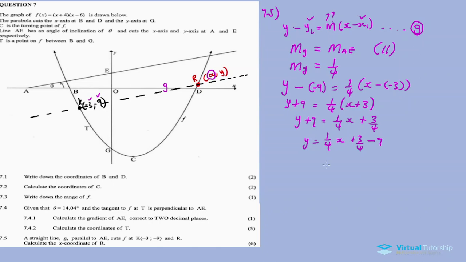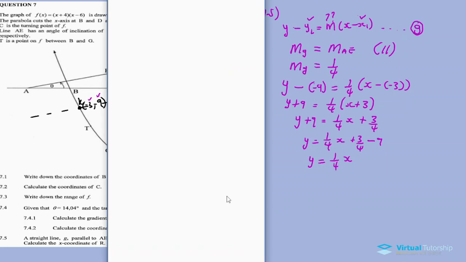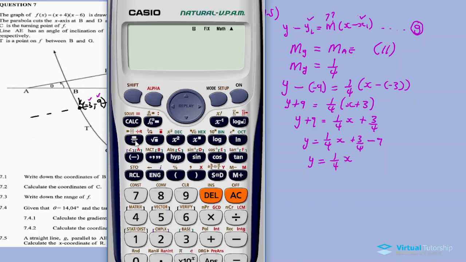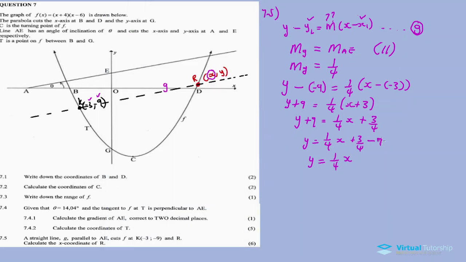So basically the algebra, we are getting into this algebra, right? 3/4 minus 9 is negative 33/4. Negative 33/4. Boom. So that is the equation of G.